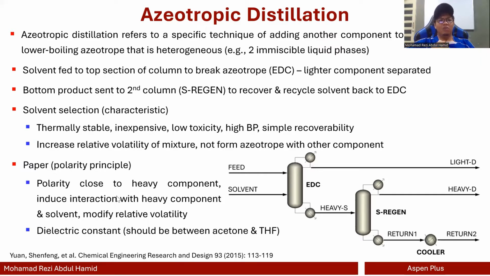Polarity that is close to the heavy components will induce interaction between the heavy components and the solvent, thereby modifying the relative volatility of the mixture. And of course, since polarity is just a separation of charges in molecules, one way for us to quantify what is called the polarity of a solvent is by measuring the dielectric constant of the solvent itself.